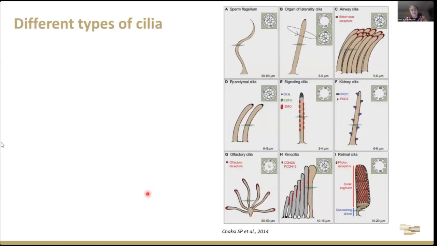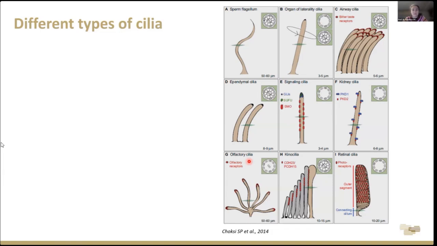There are also other types of cilia in our body, and these are not necessarily neurologically relevant, although there is also a cilium in the nose, the olfactory cilia. There are some indications that olfaction, the smelling, might also be affected in Usher syndrome, but it's not a very dominant symptom. Most of the patients are not aware of any decrease.